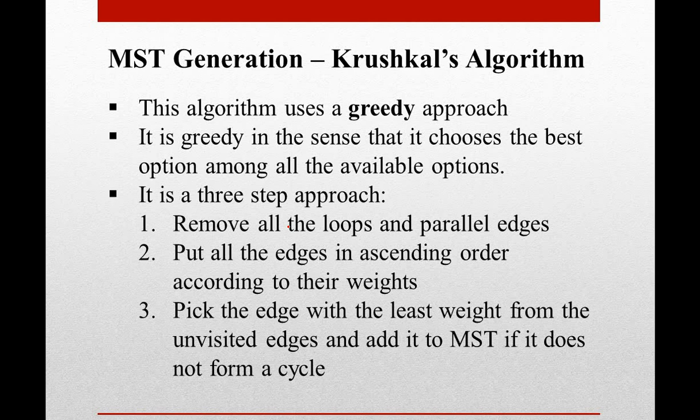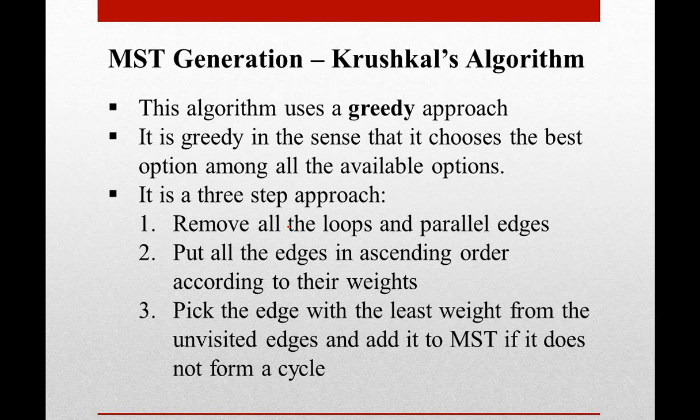So when you're talking about a minimum, it finds the one with the minimum weight. When you want to maximize something, it always finds the one with the highest value among all the available ones. This algorithm also uses a greedy approach, and we will understand how exactly it uses that greedy approach.